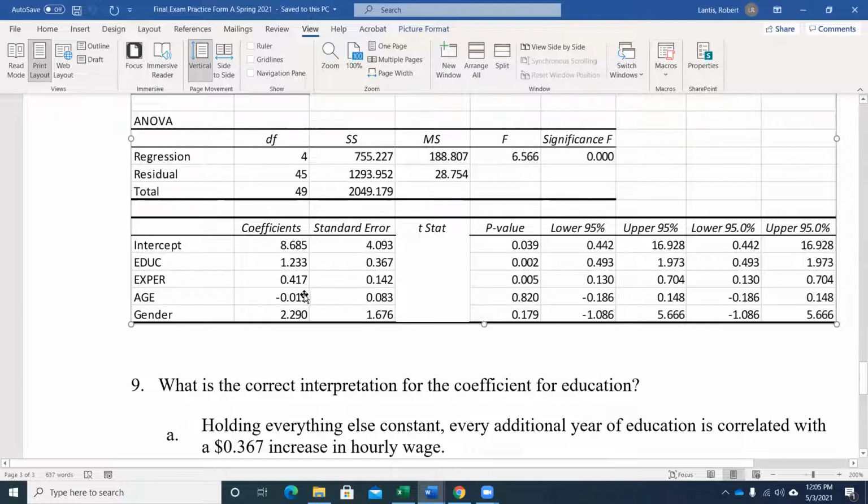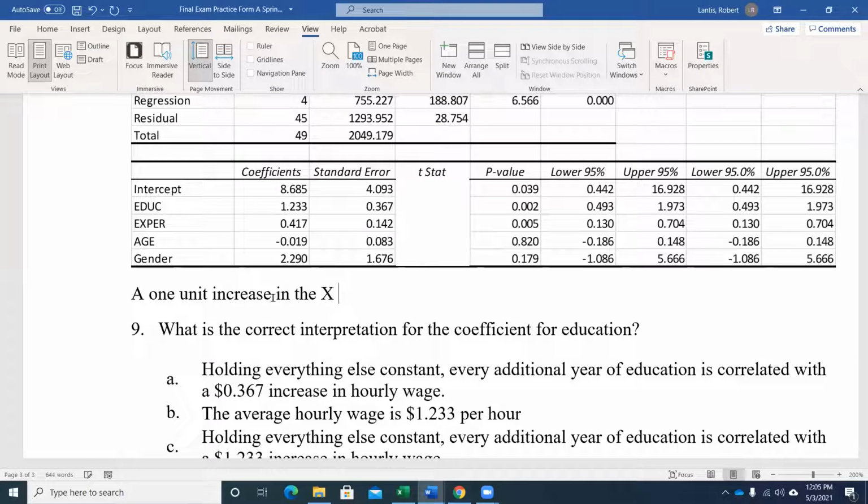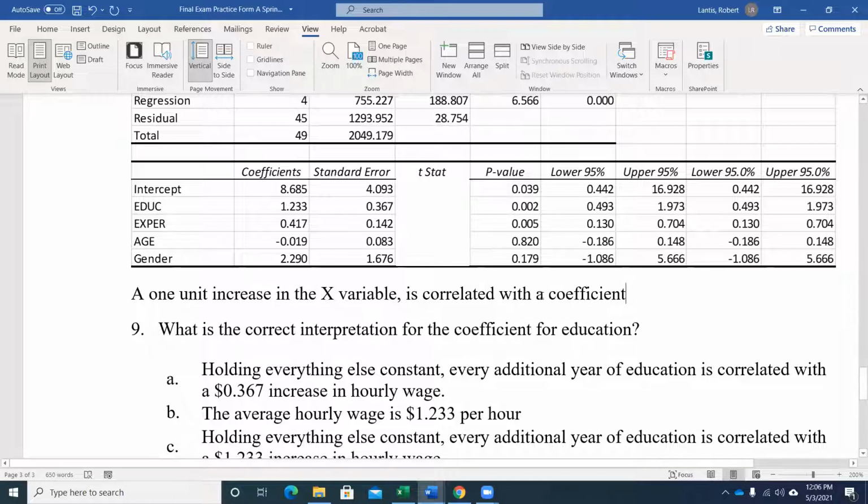The way that we interpret this, the general form, and I'll type it because my writing is terrible, is: a 1 unit increase in the X variable that you're looking at is correlated with an increase or decrease in the Y variable.